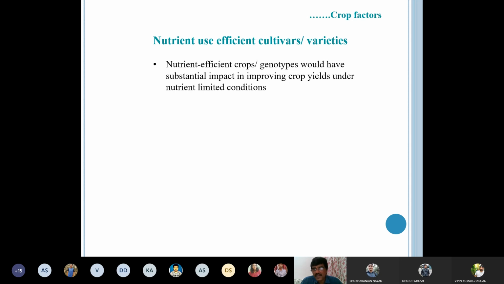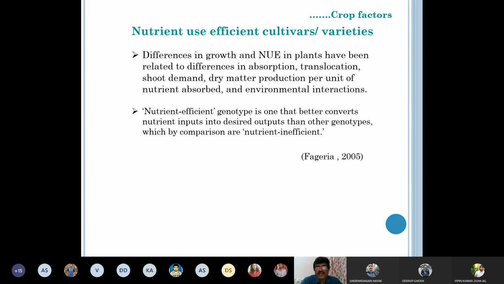Generally, we identify varieties or genotypes for a specific nutrient. People don't identify a variety which uses 2 or 3 or 4 different kinds of nutrients efficiently. It is mostly individual nutrients that are targeted.